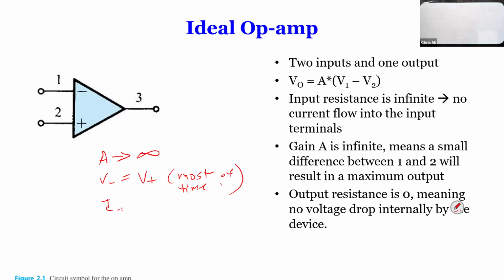And I plus equals I minus, always 0. So those are three important points. Later on you can see that R in is infinity and R out is 0. Those are the very important characteristics of this op-amp.